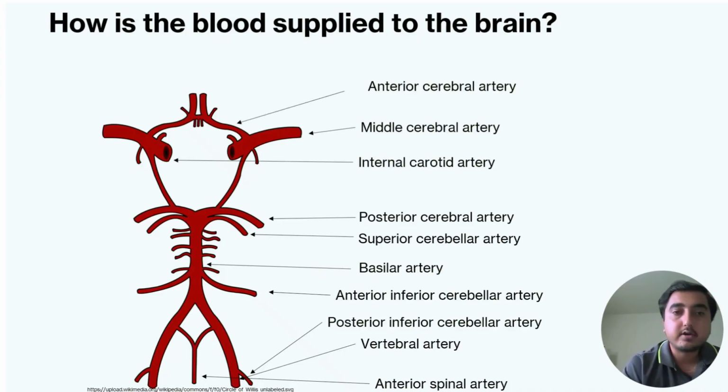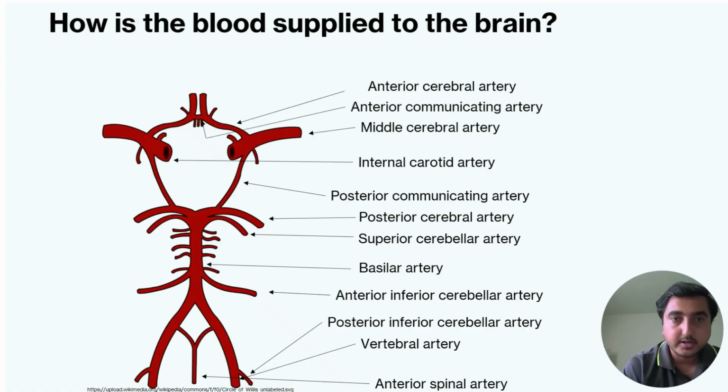Now the internal carotid artery divides into the middle cerebral artery and the anterior cerebral artery. The artery that connects the posterior cerebral with the middle cerebral artery is the posterior communicating artery, whereas the artery that connects the two anterior cerebral arteries is the anterior communicating artery.